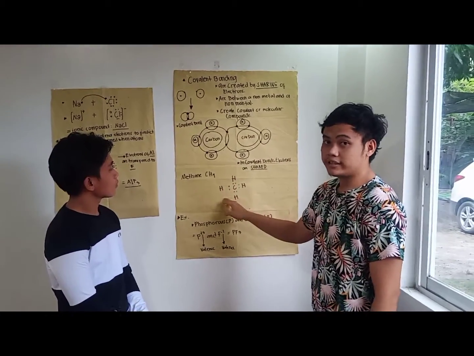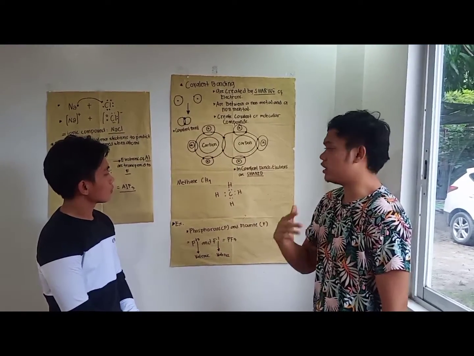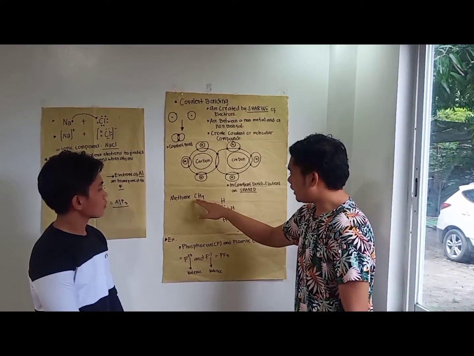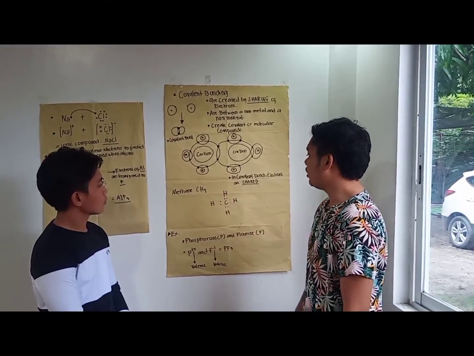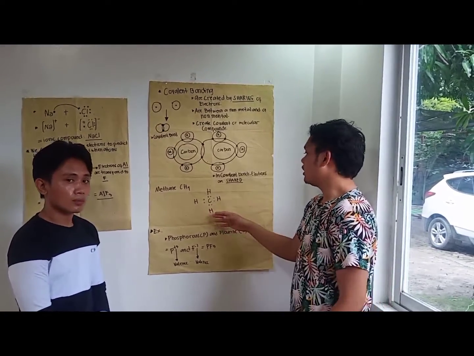This is another example of covalent bonding: methane, which is carbon and hydrogen 4. This is the Lewis structure that we use.